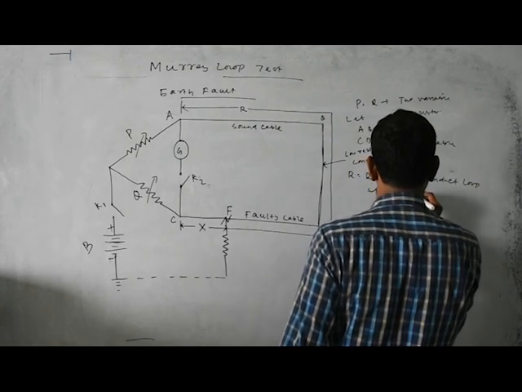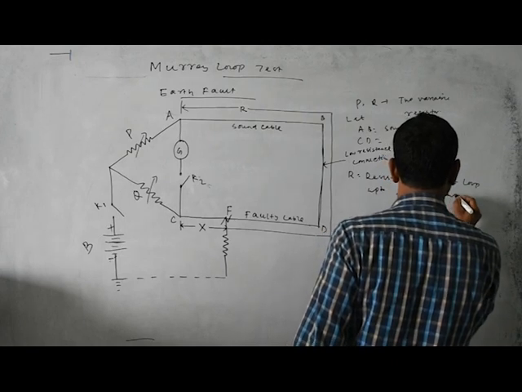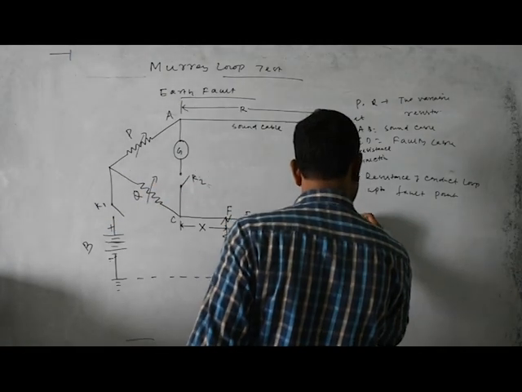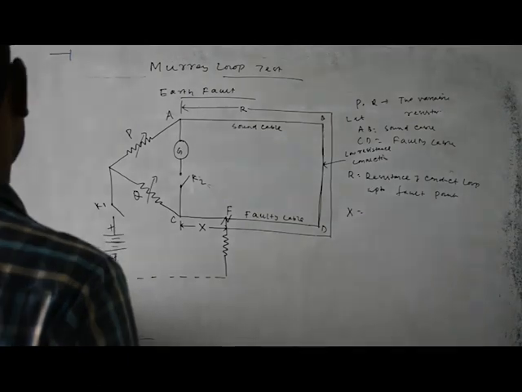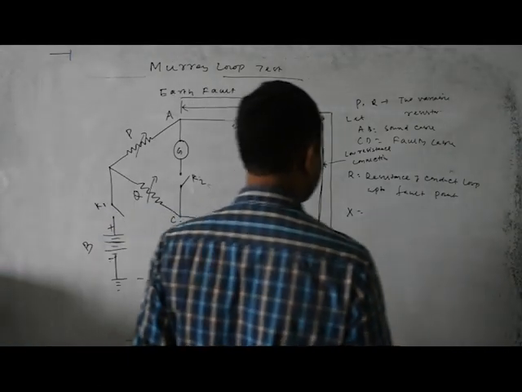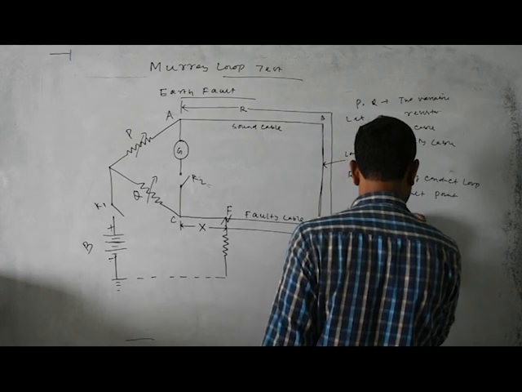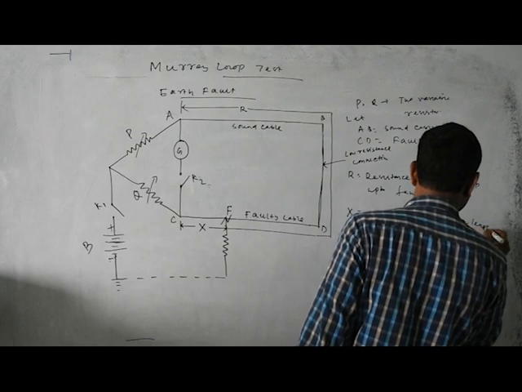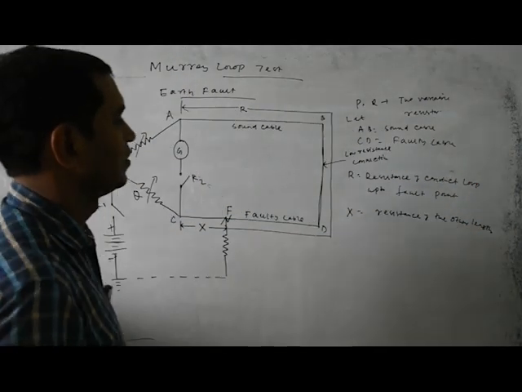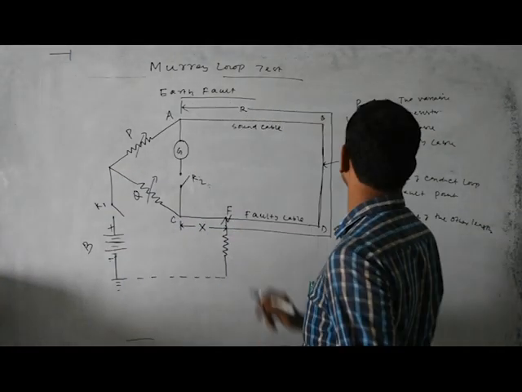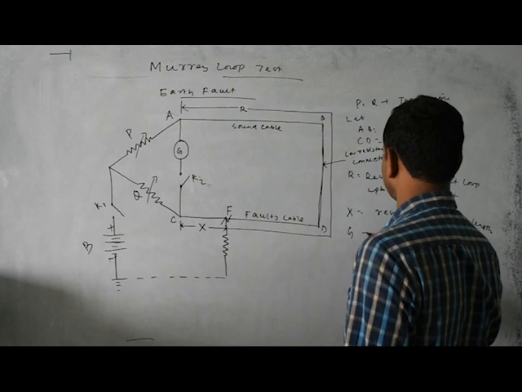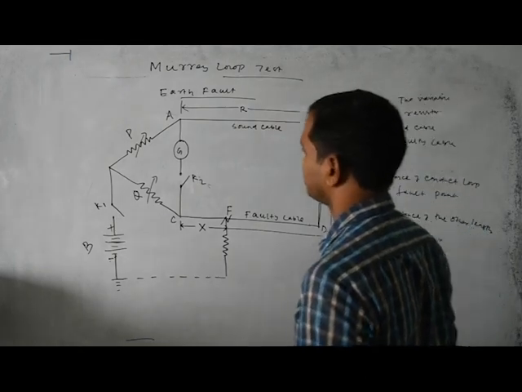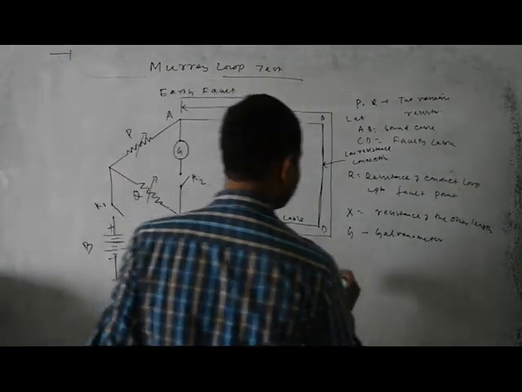Up to the fault point, means A to F. Again, X is the resistance of the other length. Here G is the galvanometer and B is the battery.